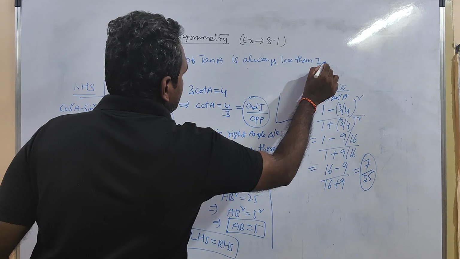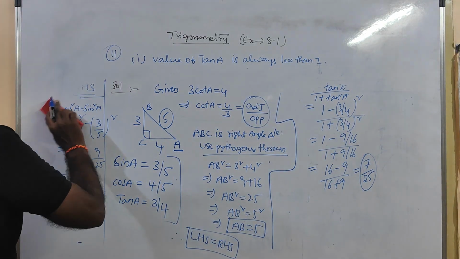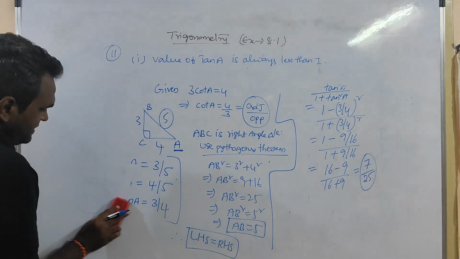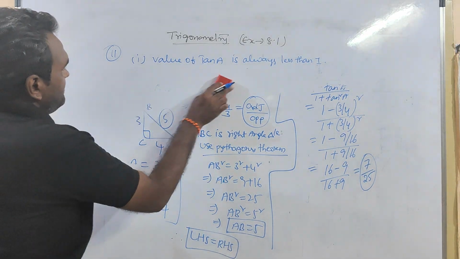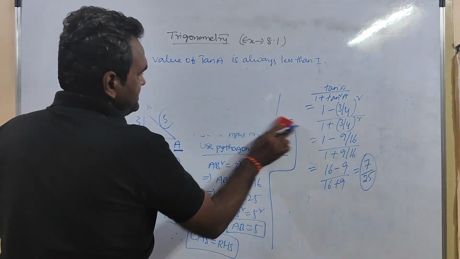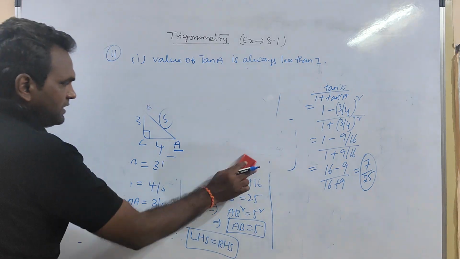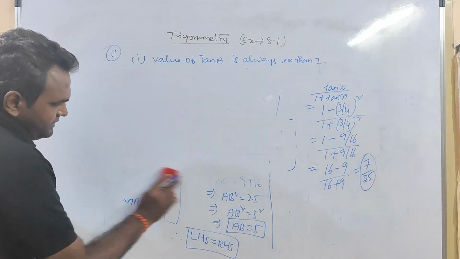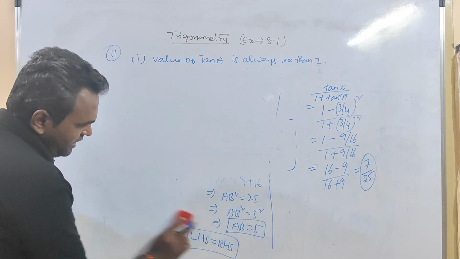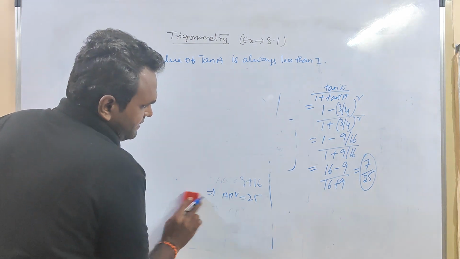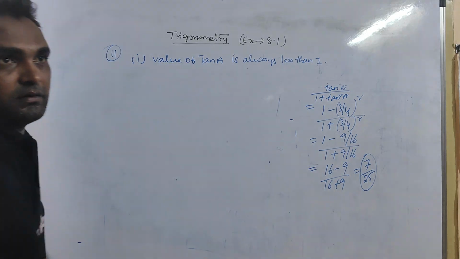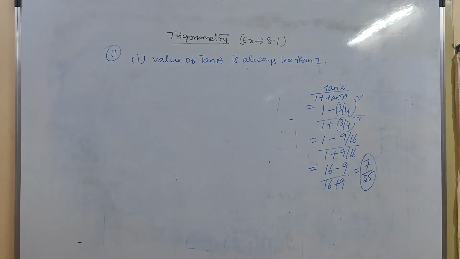This is the question. Whether it is true or false, we have to say. If it is true, you have to tell why it is true. If it is false, you have to tell why it is false. Regarding that, we will see.